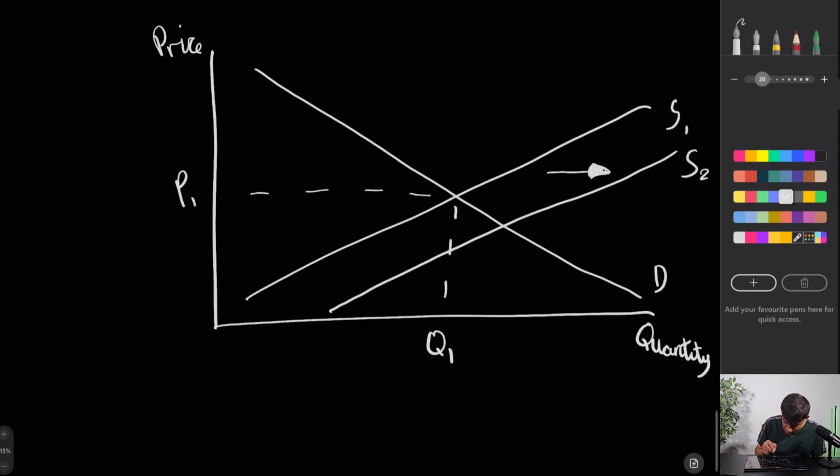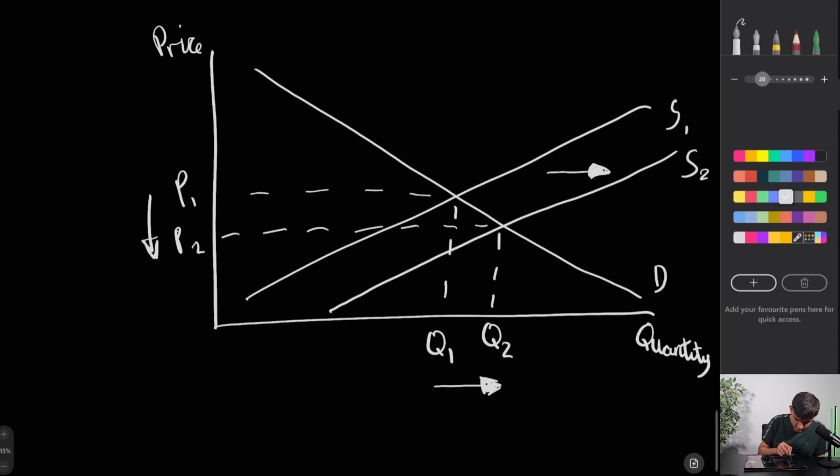Now we have to do our new equilibrium, as follows. So here we can see that quantity has increased from Q1 to Q2 and price has decreased from P1 to P2. And there we go. That is how you draw the effect of a subsidy on a supply and demand diagram.